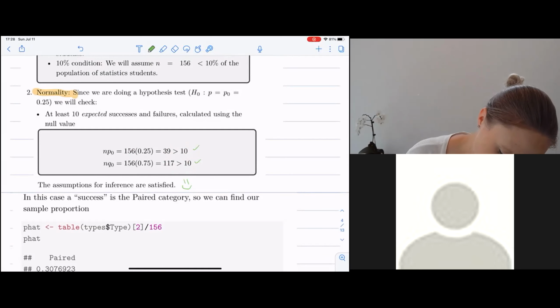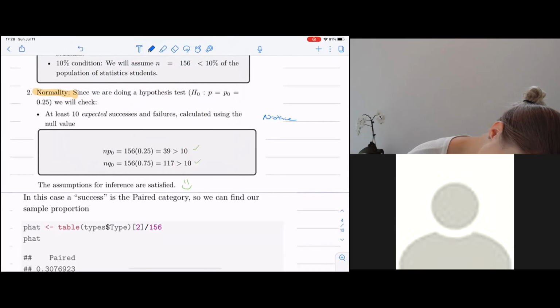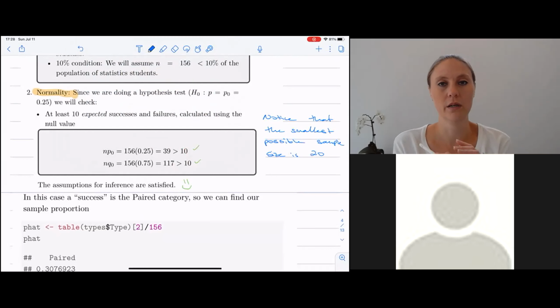And so here, notice that the smallest possible sample size is 20, because you need at least 10 successes and at least 10 failures.